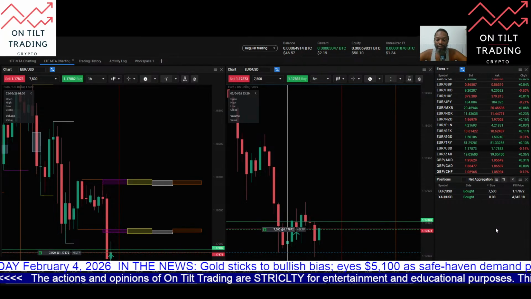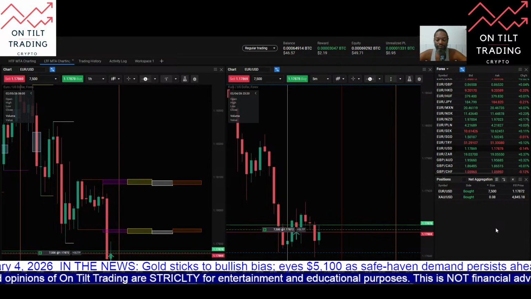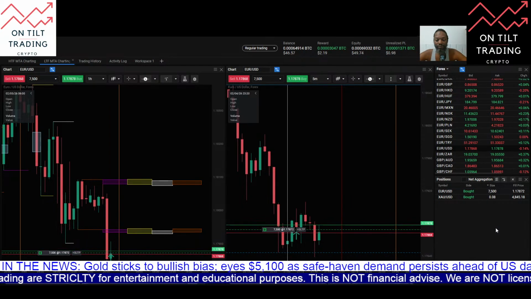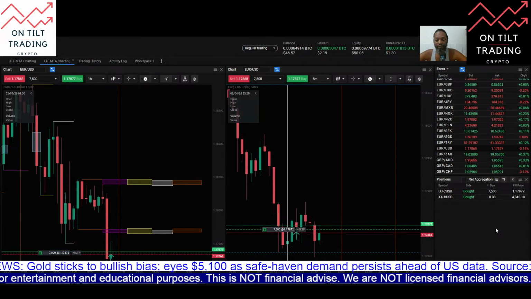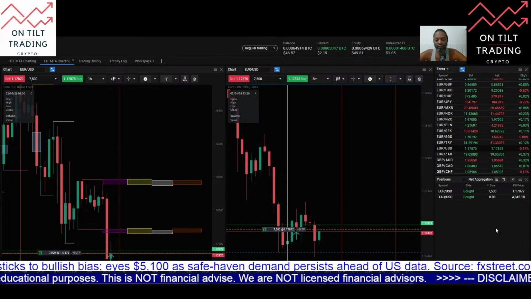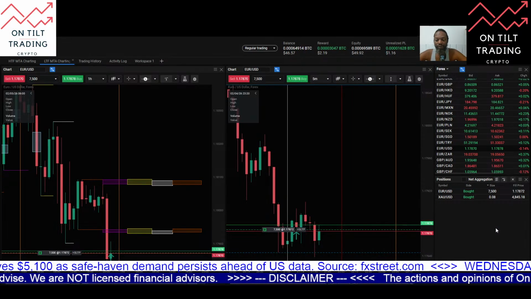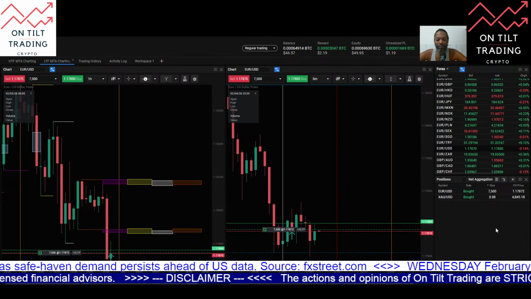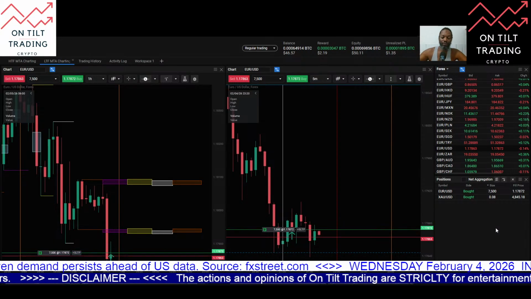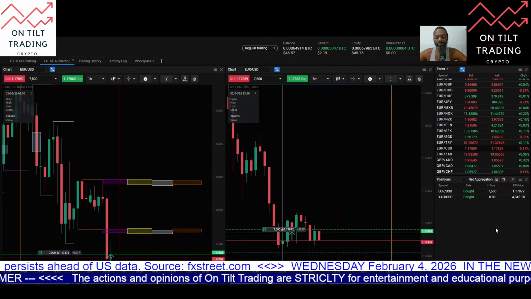And approaching candle close. We're still trading 178.70. Get an up close candle.